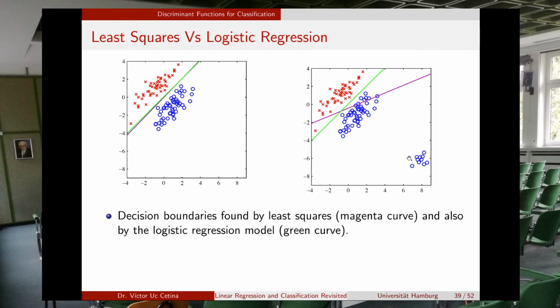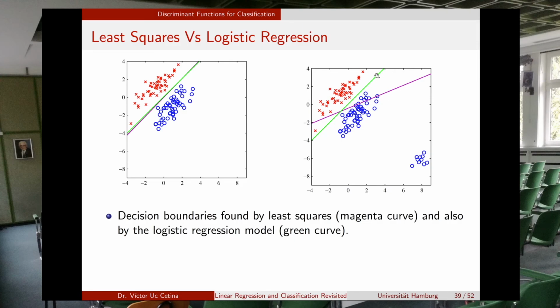But if you add some subset of points that are over here, then you can see that the linear regression, the magenta line, changes because it is trying to get closer to the points, because that's what we were solving in linear regression. We wanted the curves to get close to the points.